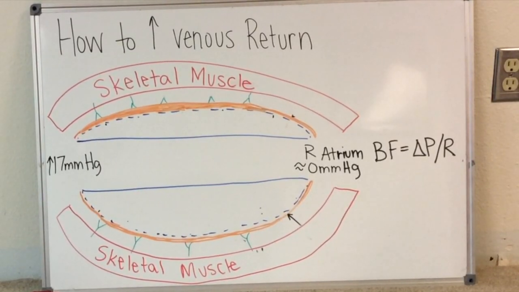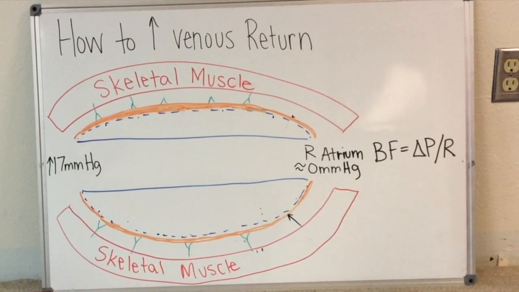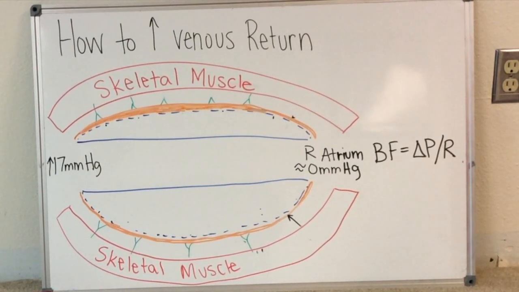Another way in which venous return is increased is through the activity of skeletal muscle. All veins are surrounded by some sort of skeletal muscle. As our muscle contracts, this increases the pressure exerted on the veins, again decreasing its capacitance, its ability to stretch, which increases pressure.